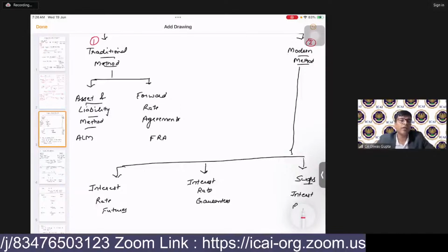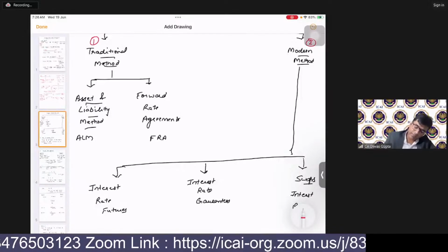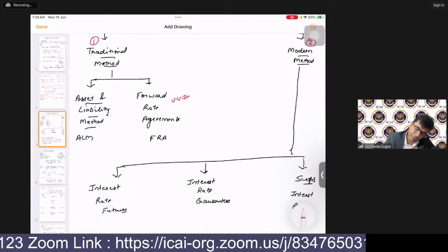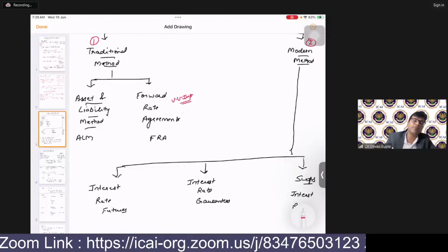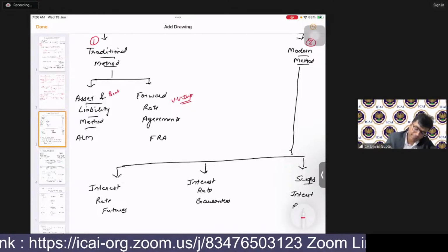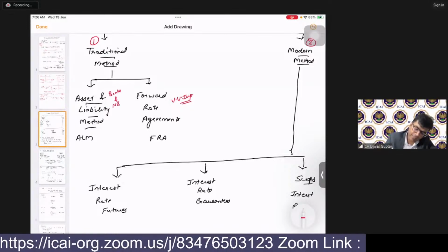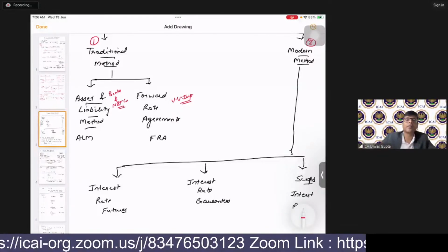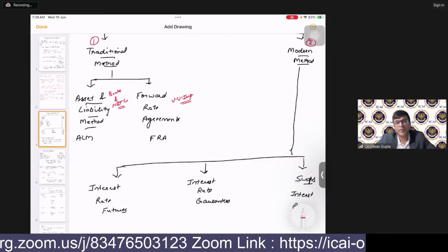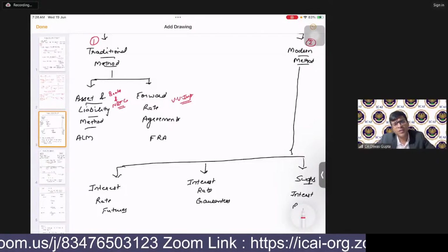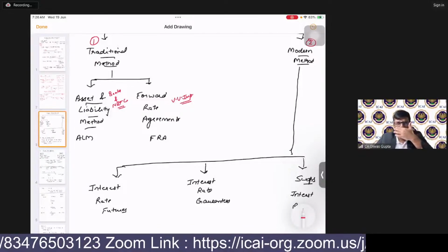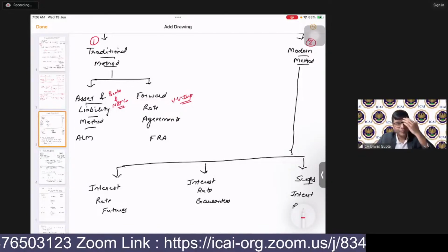This is very, very important. Forward rate agreement, FRA, is very, very important. Asset and liability management is more used in banks and NBFCs, which we call the ALM method. Banks and NBFCs use it most, but this process can be applied in another company also.